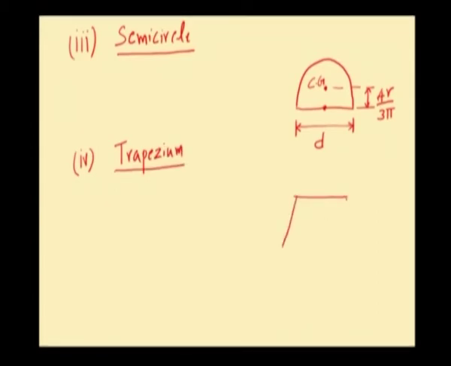Now, let us consider a trapezium. A trapezium will have two sides parallel to one another. Now, let B be the dimension of one of the parallel sides of the trapezium, and let the other parallel side of the trapezium be small a. Let the distance between the two parallel sides of the trapezium be h.